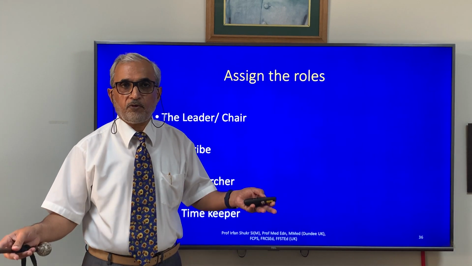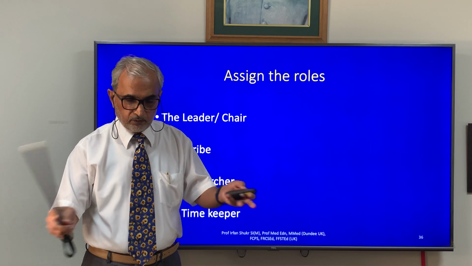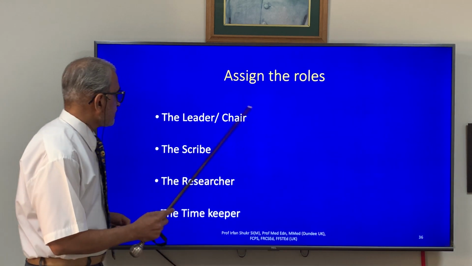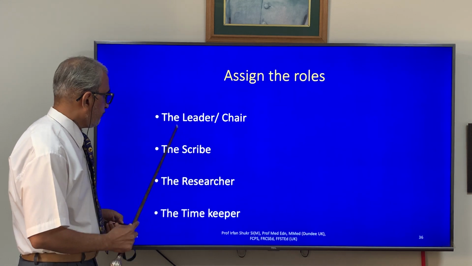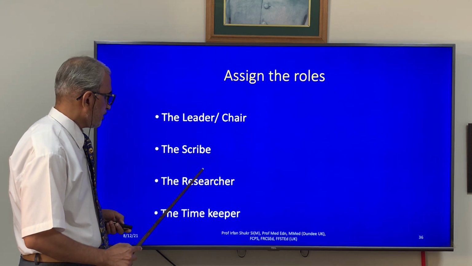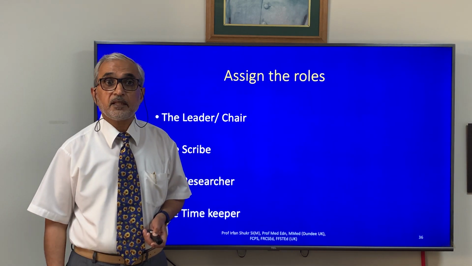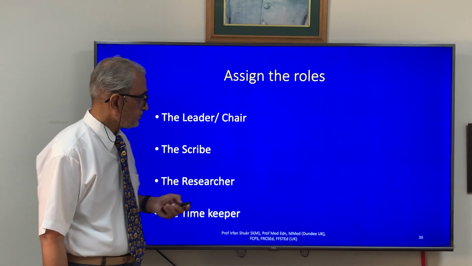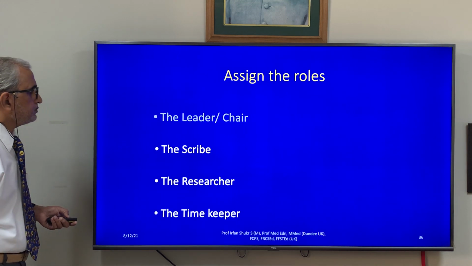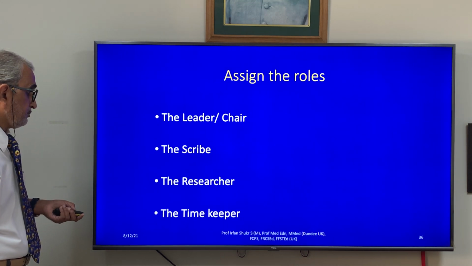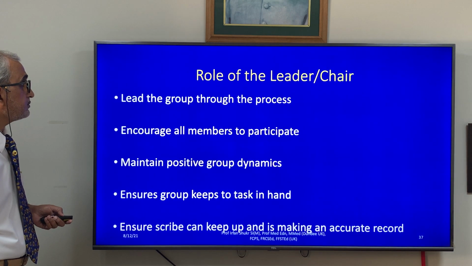Out of the group of 10 to 14 or 15, whatever the number of students, one student becomes the leader or chair, one the scribe, one the researcher, and one the timekeeper. Each one has a role to play.